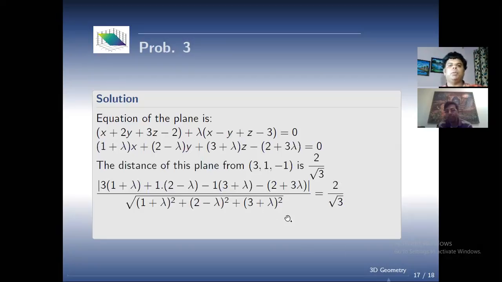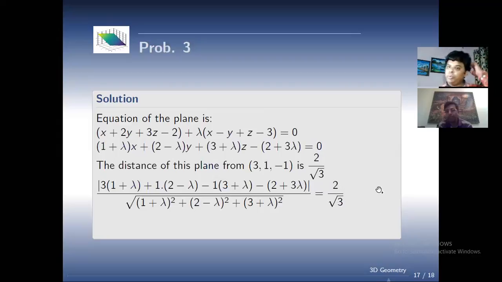The distance formula is going to be 3 times 1 plus lambda plus 1 times 2 minus lambda minus 1 times 3 plus lambda minus of 2 plus 3 lambda, the absolute value of this, divided by square root of a squared, which is 1 plus lambda the whole squared, plus b squared, which is 2 minus lambda the whole squared, plus c squared, which is 3 plus lambda the whole squared, and this must be equal to 2 by square root of 3.